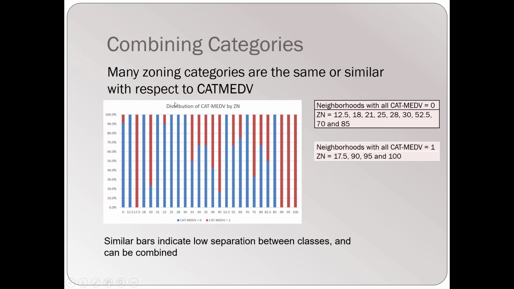So by looking at a distribution chart like this, where each value of the categorical variable is plotted with respect to the target, showing what proportion of that particular value is category 0 and what proportion is category 1, we can examine the similarities in these bars, and using that information we can combine categories.